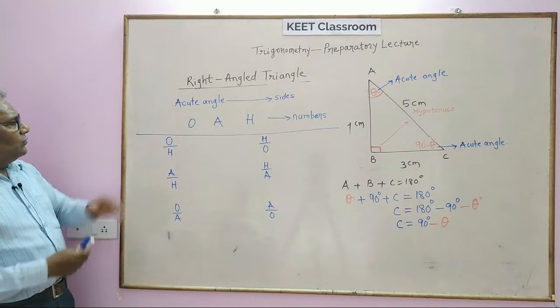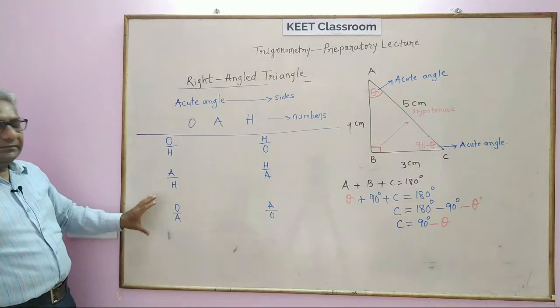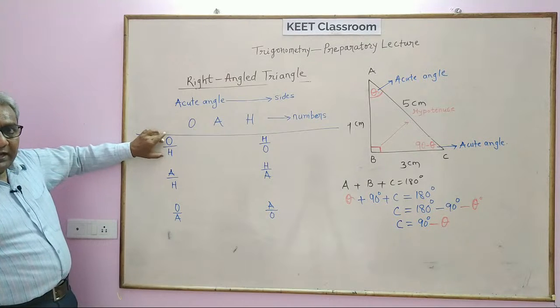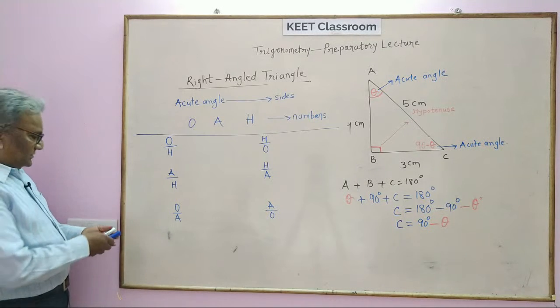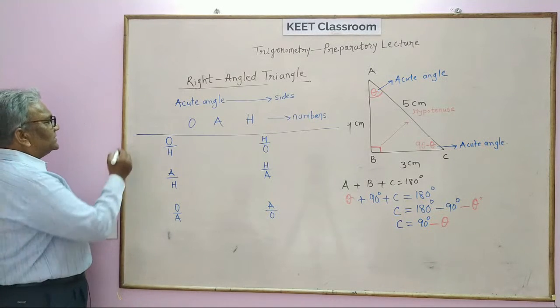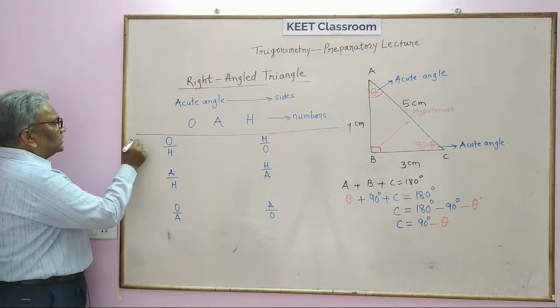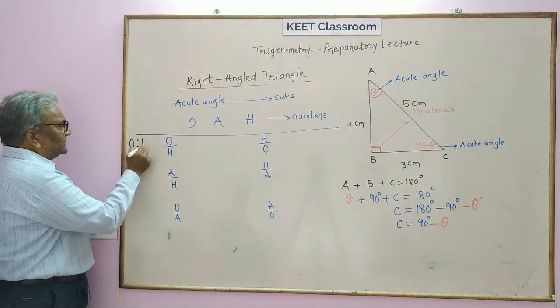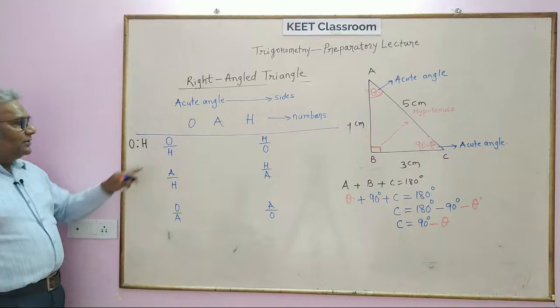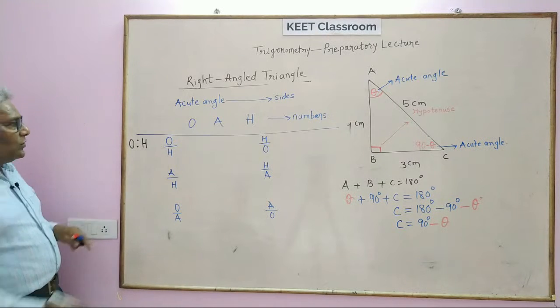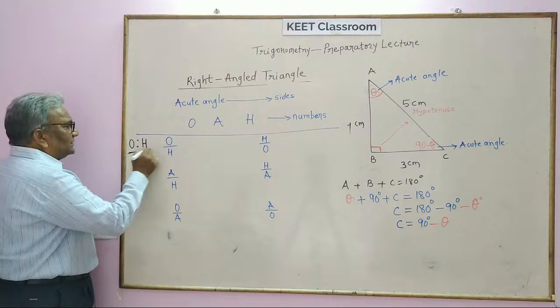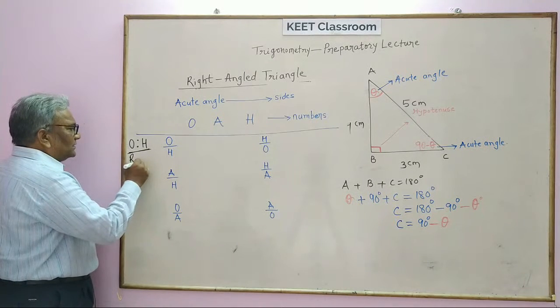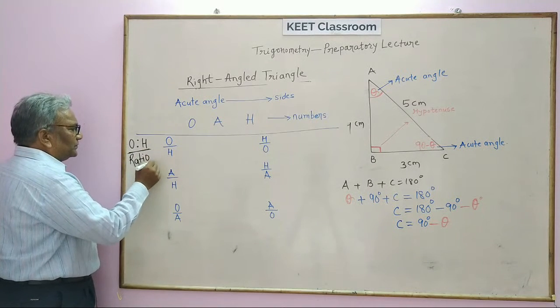So once these fractions are ready, numerator and denominator, if the fractions are written in this form, O as to H, then we say it is a ratio.